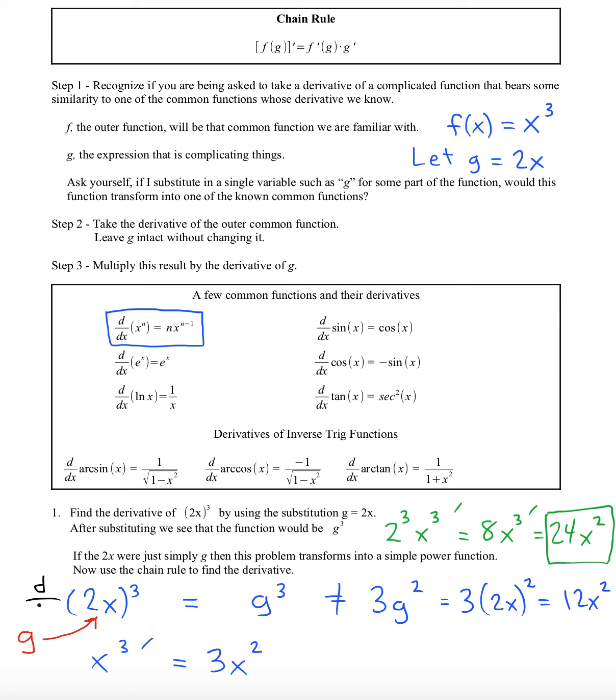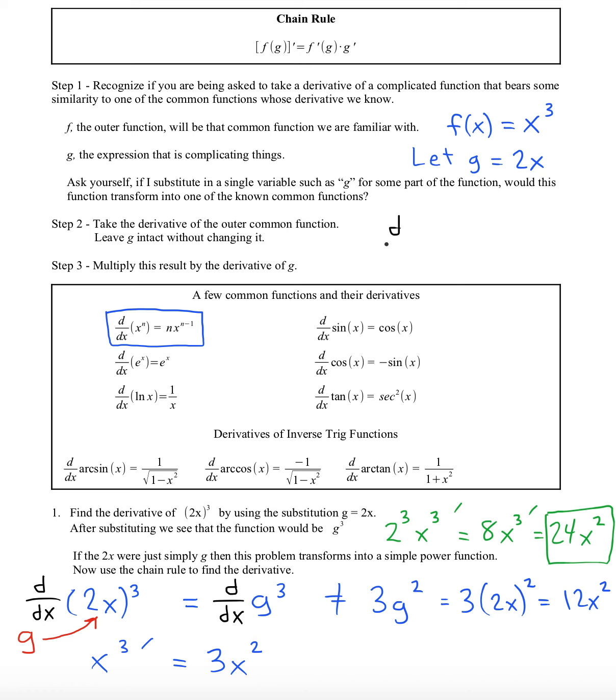And what's great about that one is it makes it clear here that we're taking the derivative with respect to x. And I think we can all agree that that's what's implied by the problem when it says take the derivative of (2x) to the third. And so that's the issue here, is that we're not taking the derivative with respect to g, are we? It's a derivative with respect to x. That's why it's not just simply 3g squared.